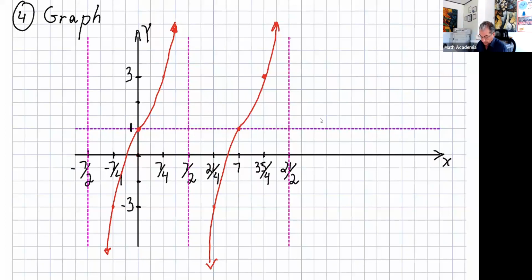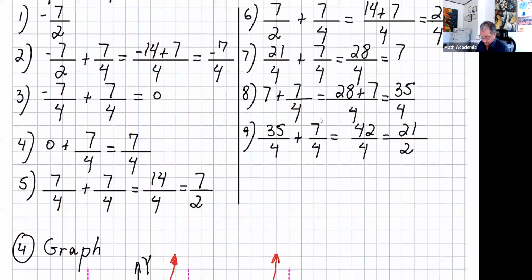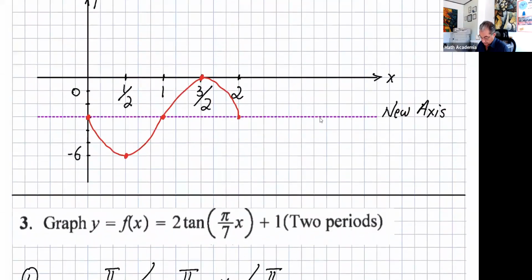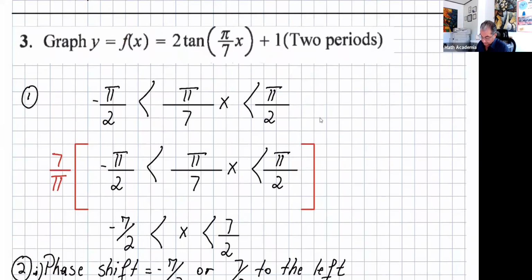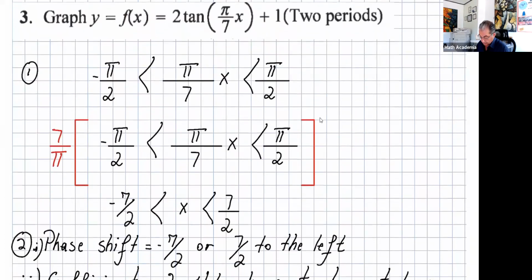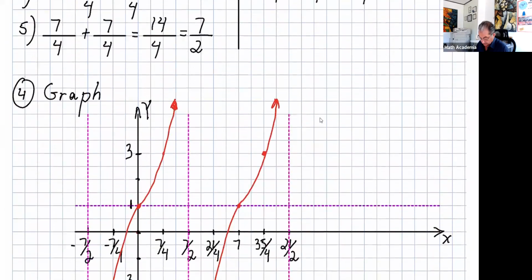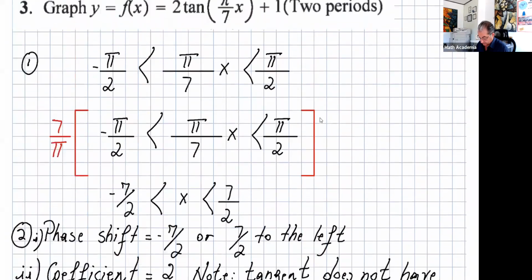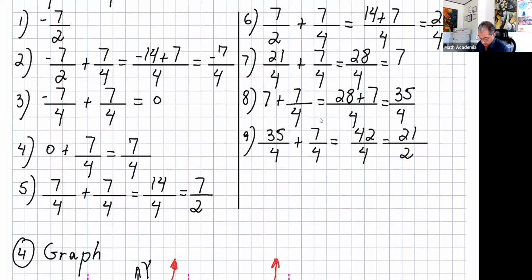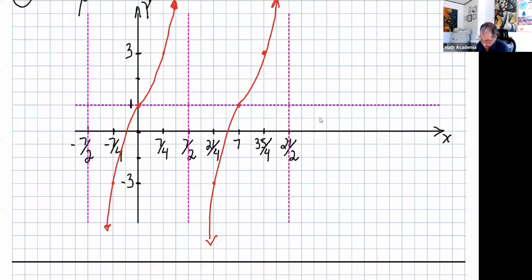Now we're doing tangent. The coefficient, if we come back here, is 2. So you know you're going to go up and down 2. So let's look at this from the new axis.